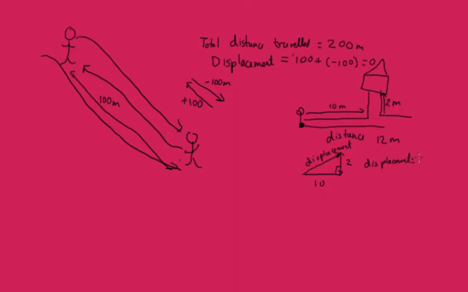is going to be the square root of 10 squared plus 2 squared, so square root of 104, which is, let me just calculate that.